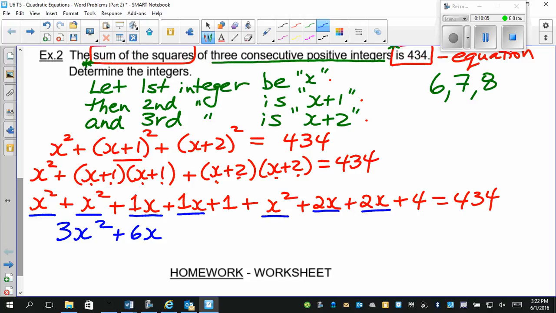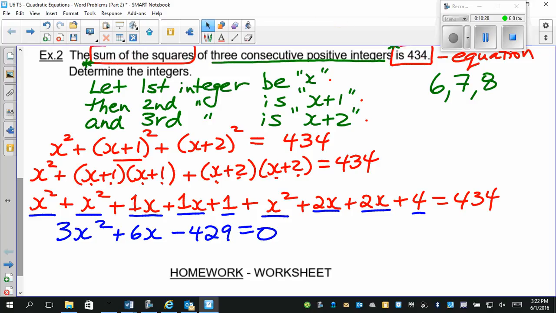And then when I bring the 434 over, it becomes minus. I've got 4 plus 1 is 5. So 5 minus 434 is going to end up being minus 429. So that's what my equation looks like when I simplify it.